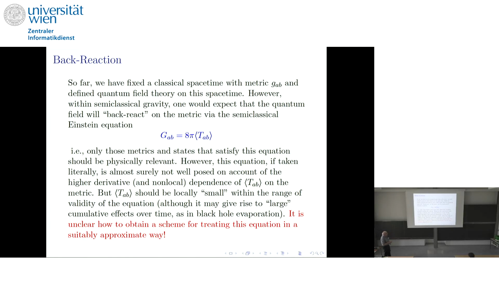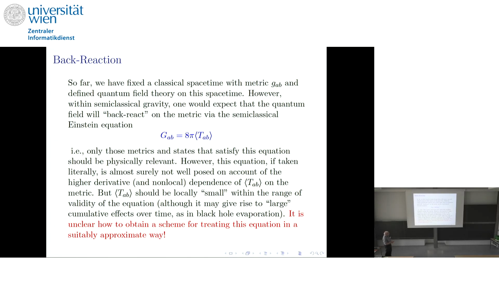I mean, we can make sense of this side, and we definitely can make sense of that side, so we can check if we have a solution. But if we're trying to do something like an initial value problem, it's completely unclear what to do, and it's very likely that this equation, because effectively the stress energy tensor contains higher derivatives of the metric hidden in it.